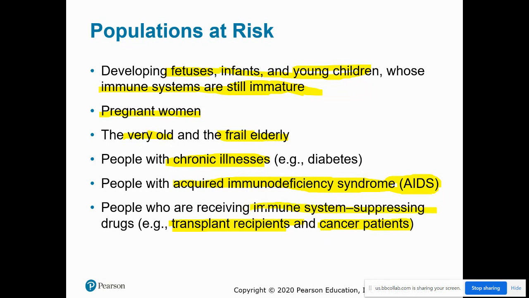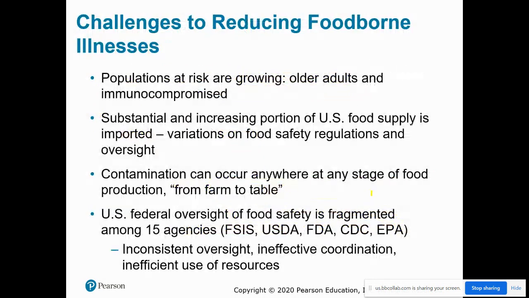And so again, the immune system is suppressed. So should that person become exposed to a pathogenic microorganism or their toxins, then that person would be at much greater risk for developing severe symptoms related to the foodborne illness.